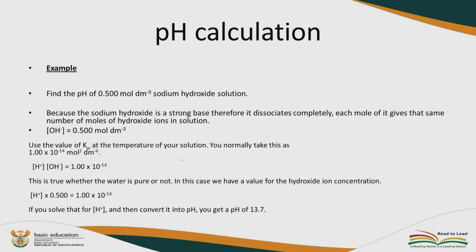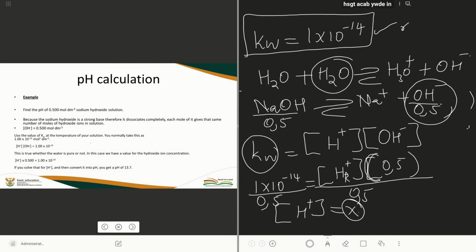However, after getting the value of the concentration of the hydronium ion or hydrogen ion, you can now say, okay, because I have the concentration of the hydronium ion, I can use pH is equal to minus log the concentration of hydronium ion or hydrogen ion.